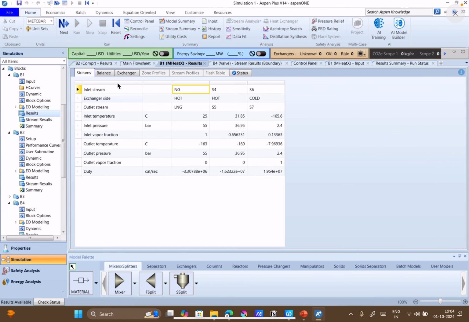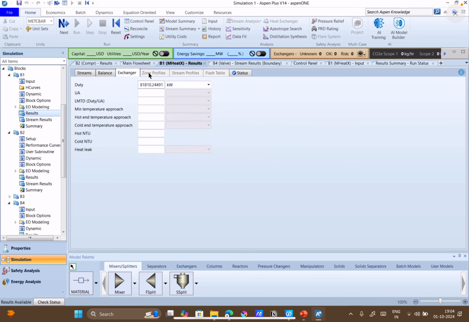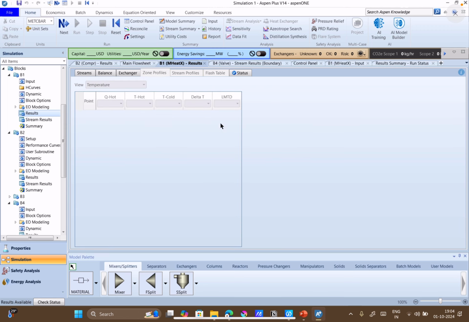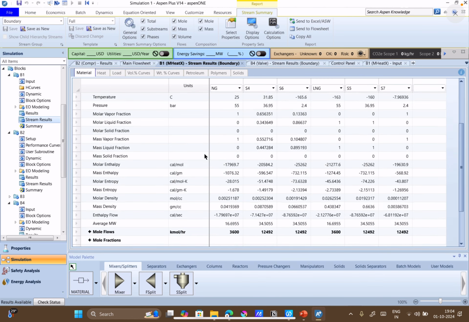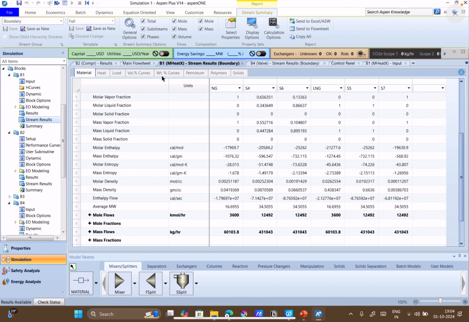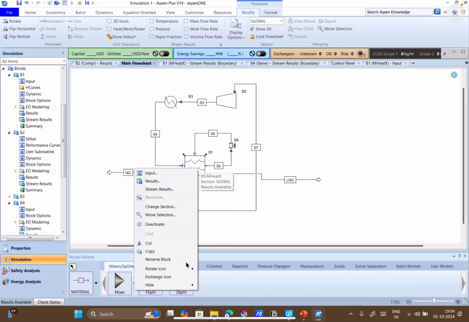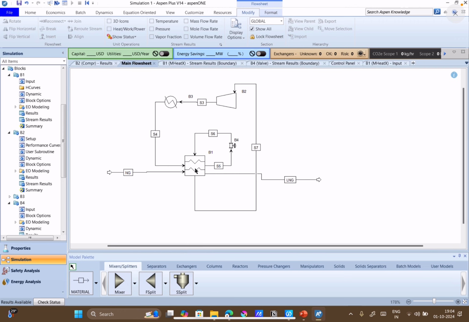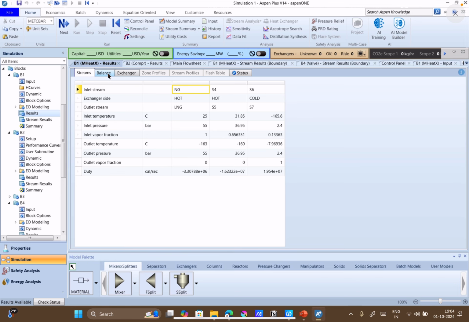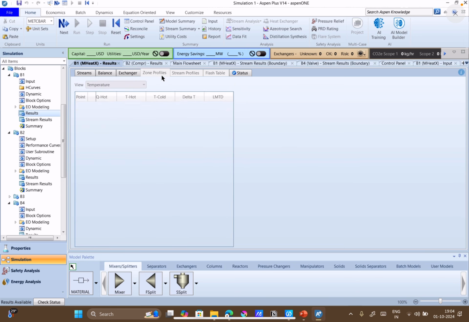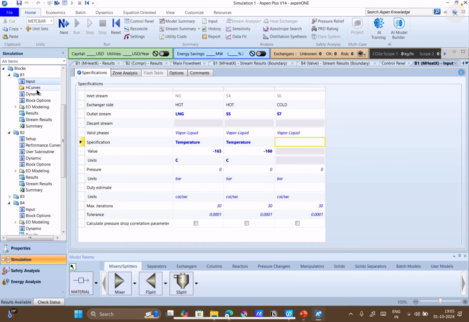In the result section, you have balance, exchanger, and zone profile. That should be zone profile generated here. It's not done. Let me check again.